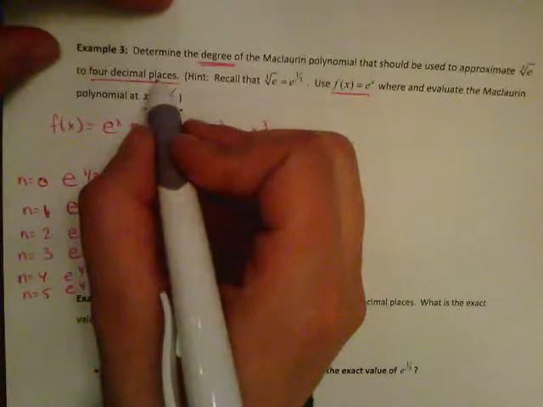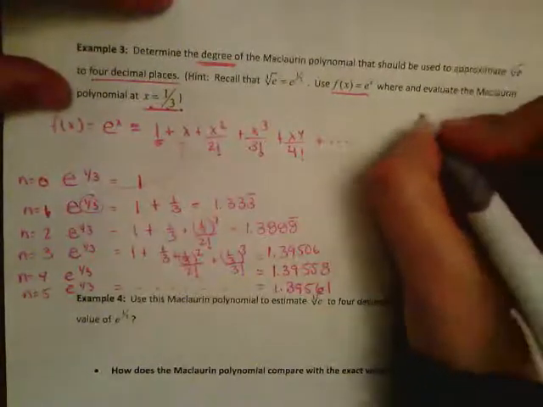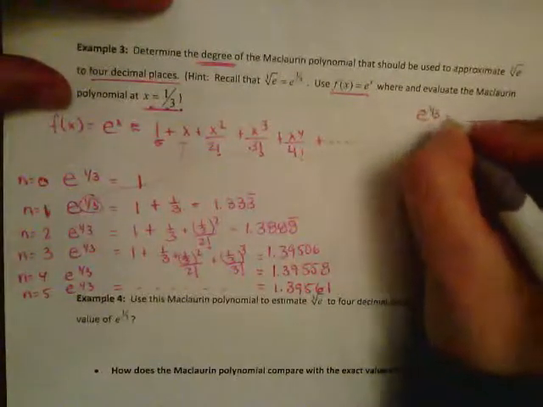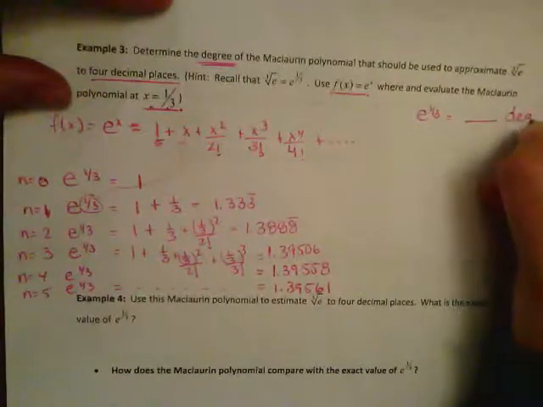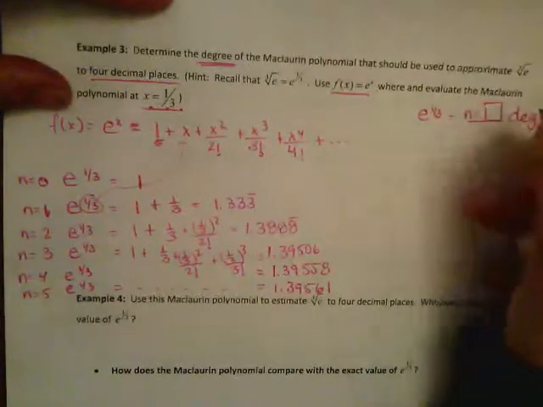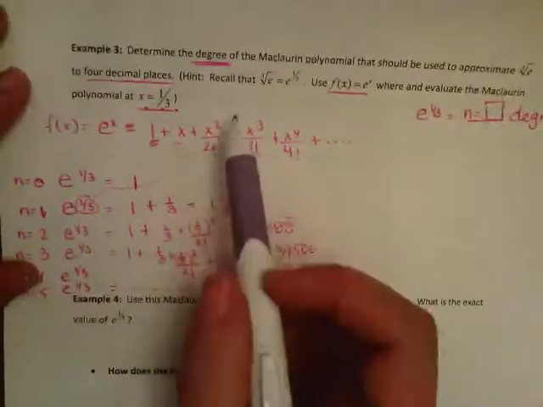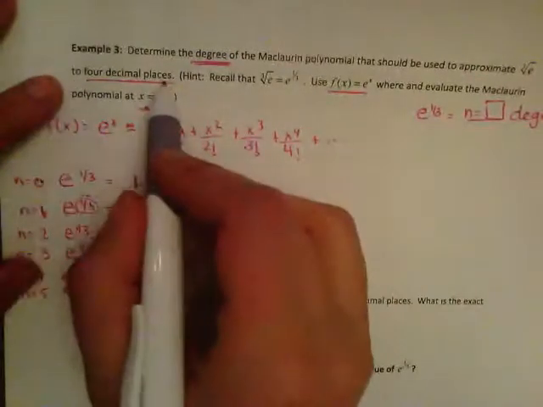So our answer is going to be e to the 1/3 is going to be the best approximation at what degree? At n equals what degree? That's what we're trying to figure out, and we're going to approximate this to 4 decimal places.